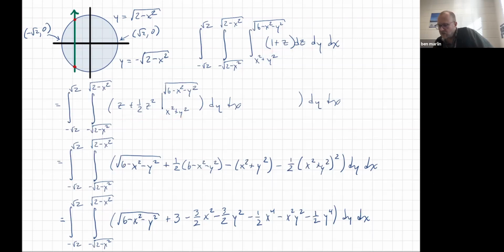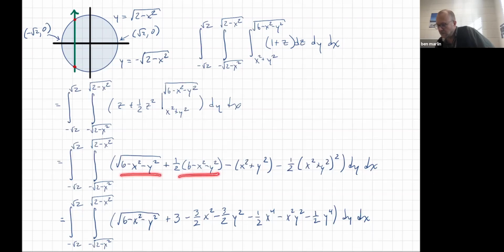Then when you plug in, you get this square root, which works nicely with the z squared, but not so nicely with the term that's not squared. By the way, I just left a stray dx dy hanging on there. That was weird.